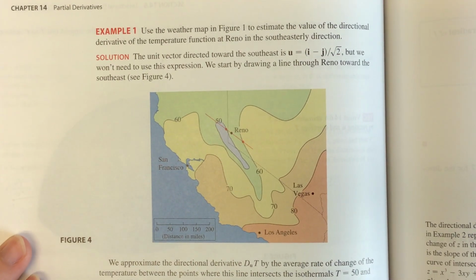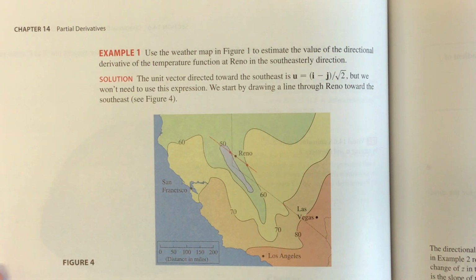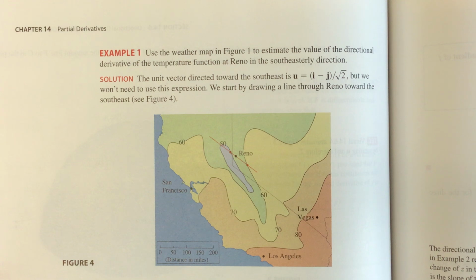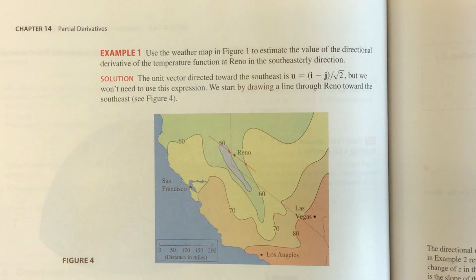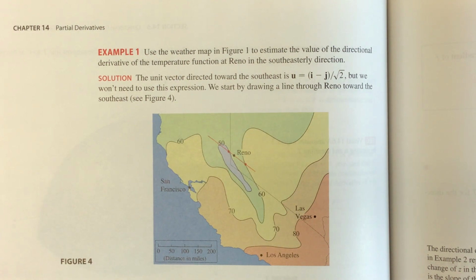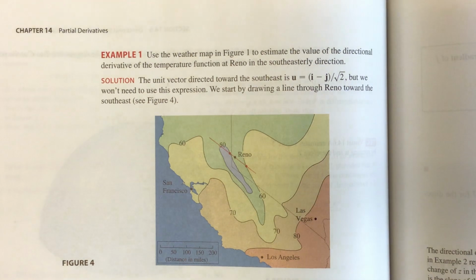Okay. So use the weather map in figure 1 to estimate the value of the directional derivative of the temperature function at Reno in the southeasterly direction. So what this is asking, as we head in the southeasterly direction from Reno, what is the rate of change of temperature? Temperatures are z. What is this an example of? Contour map.